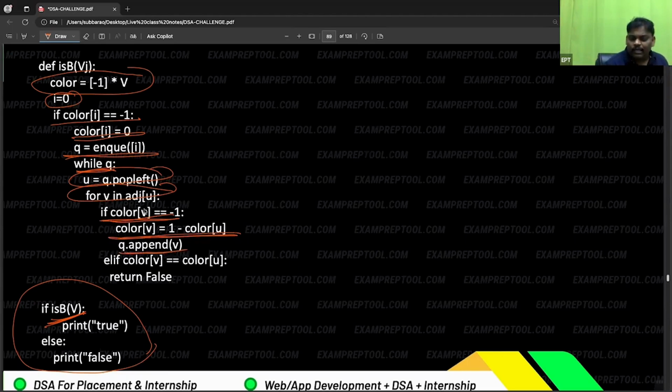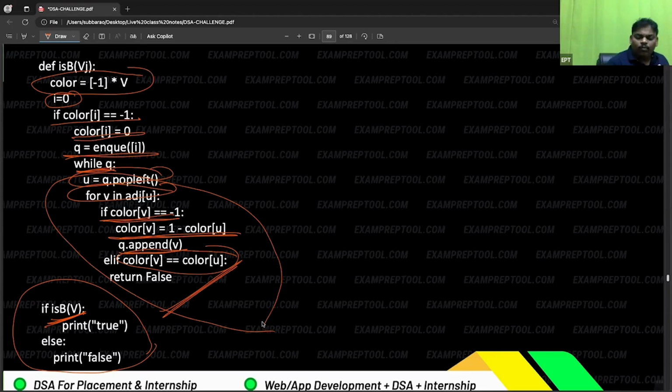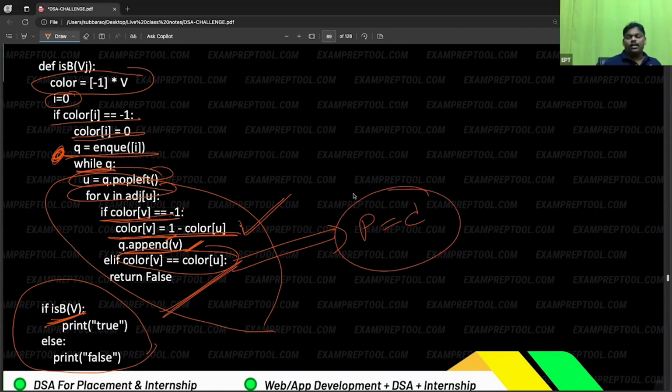Continue. At any place, if you see a mismatch, where parent and child color are the same, then say it is not bipartite and return false. Otherwise, return true.